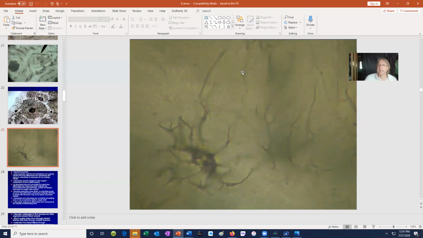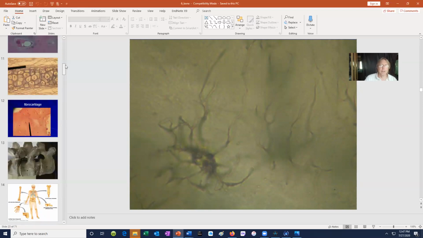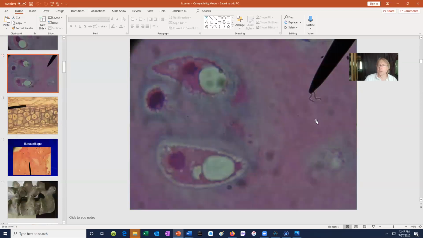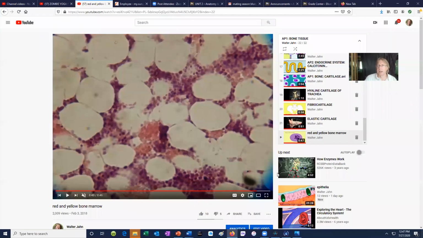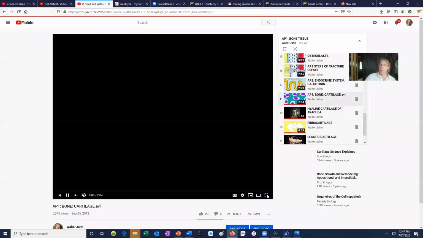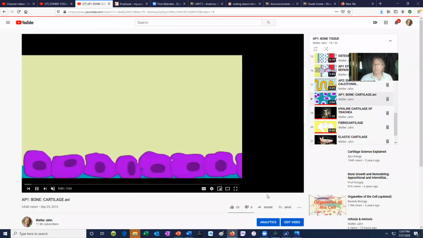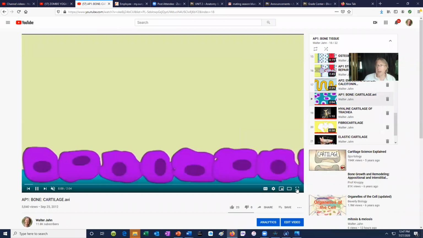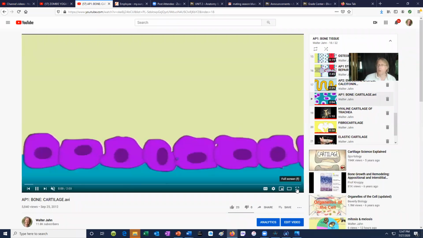So around this osteocyte, notice that there's a solid matrix surrounding the cell. Here in the cartilage, notice there's a solid substance surrounding the cells. So there are both similarities and differences between cartilage and bone.